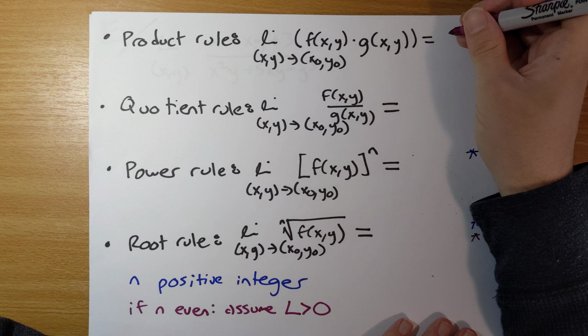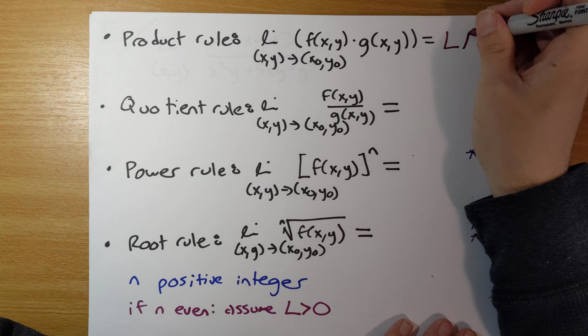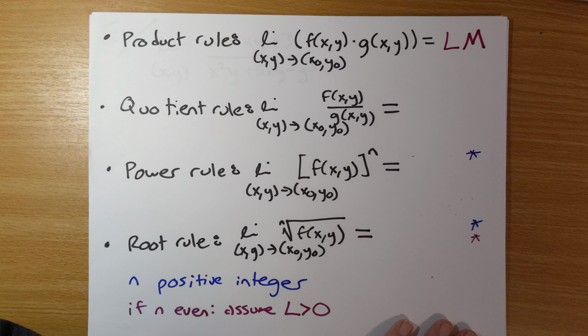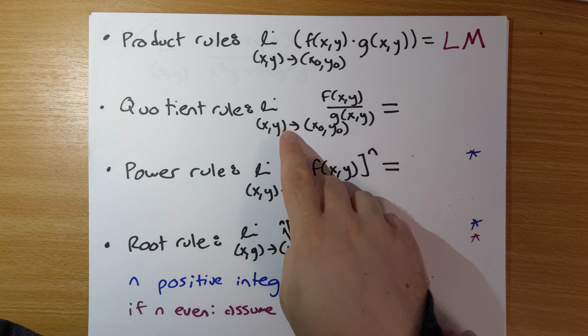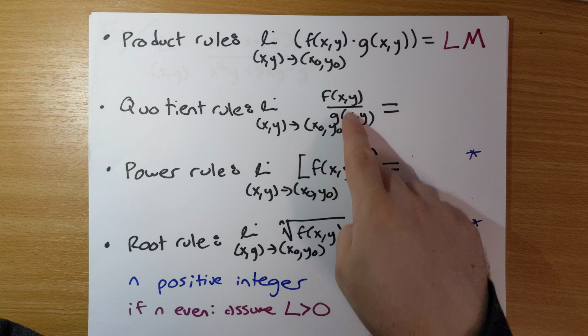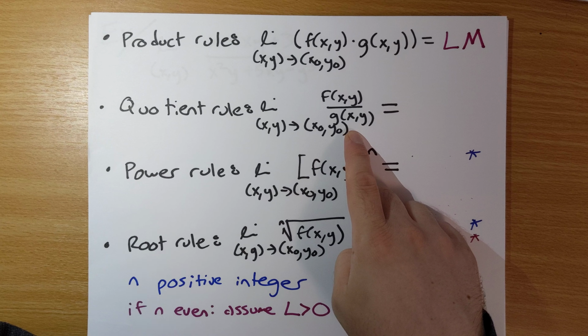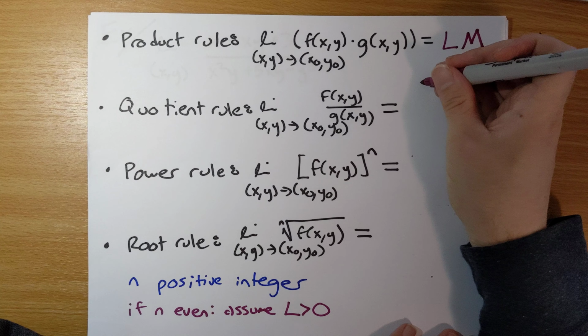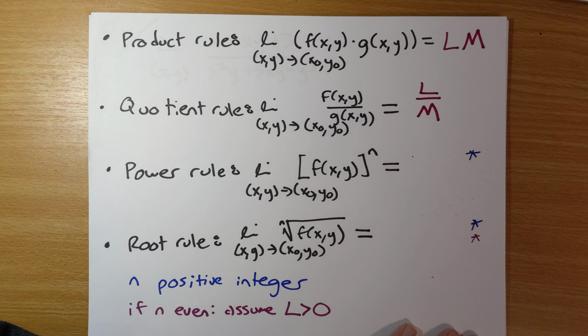So the limit of a product is the product of the limits. Quotient rule: the limit of f(x,y) divided by g(x,y). The limit of a quotient is the quotient of the limits.